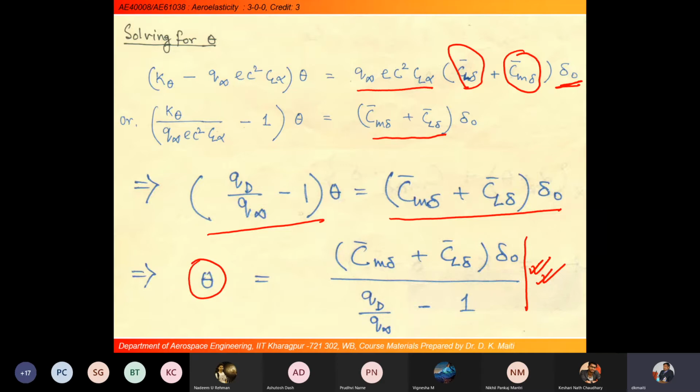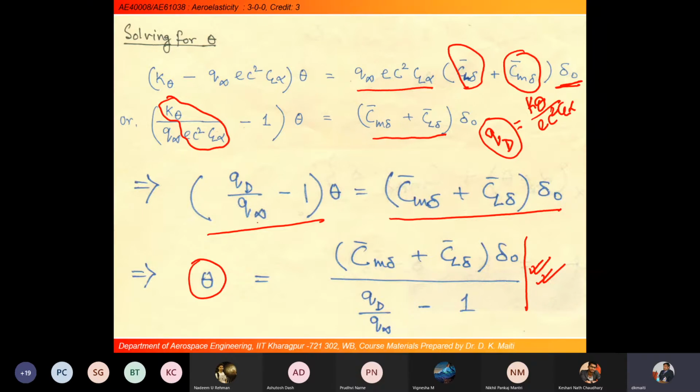And here we define one parameter that we call QD. From our linear aeroelasticity analysis, we got k theta by e c square Cl alpha. I am taking that outside, so that I define it as QD. So this portion is defined as QD.